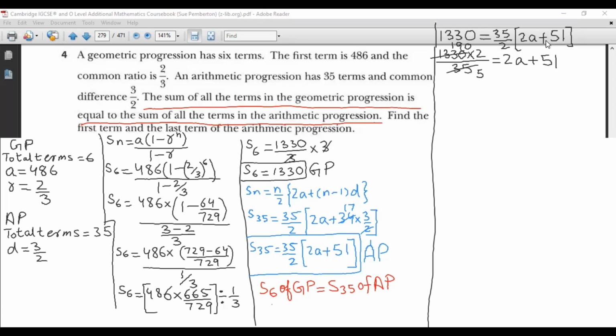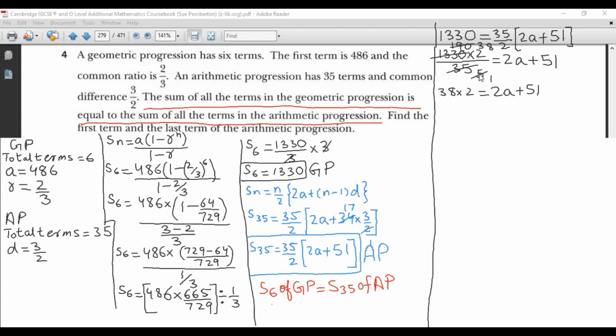I have divided 1330 and 35 by 7, so it is coming 190 over here and 5 over here. Now the result, I will be dividing it by 5 again. So this is going to be 38. So I'm having 38 into 2 equal to 2A plus 51.